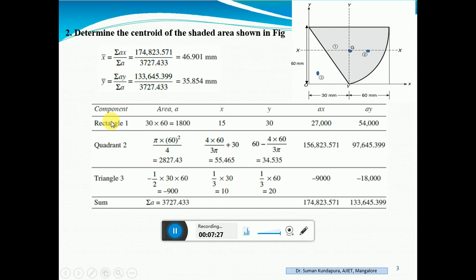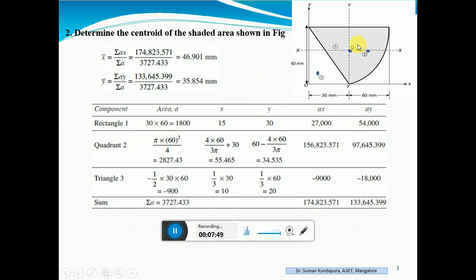First the rectangle, 30 into 60, and what is the x distance from the y axis? X distance is 30 by 2, that is 15. Y distance from the x axis is 60 divided by 2, that is 30. A into x, a into y, you will get this.